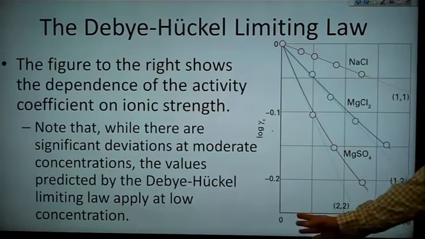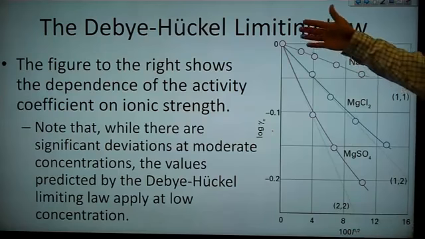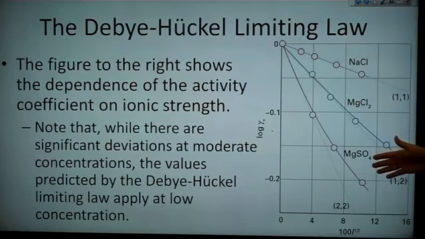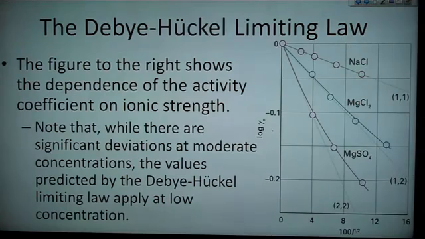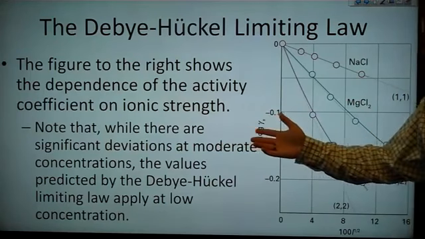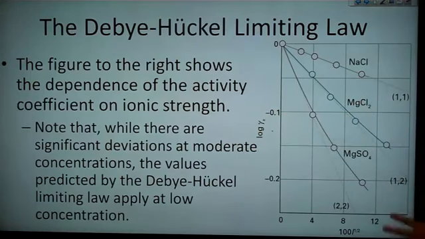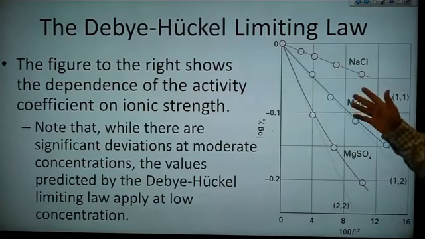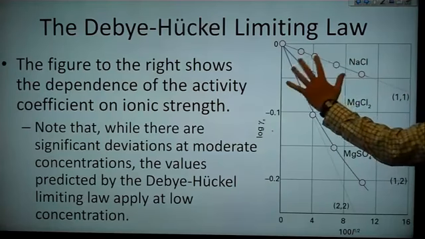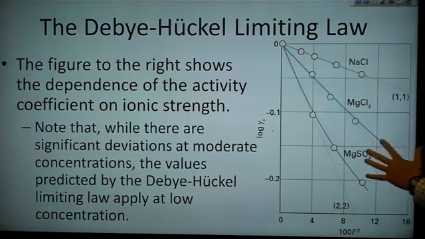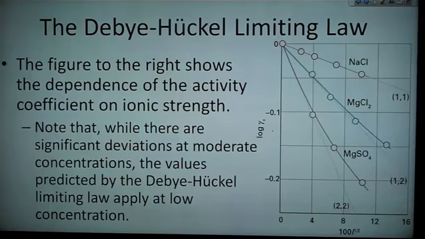So as we increase the ionic strength, our activity coefficient is getting lower, or rather the logarithm of our activity coefficient is getting lower. So that means that while there are significant deviations at moderate concentrations, over here, the values predicted by the Debye-Hückel Limiting Law will apply pretty well down here at low concentrations. Right? At high concentrations there are significant deviations, but down here the Debye-Hückel Limiting Law works pretty darn well.